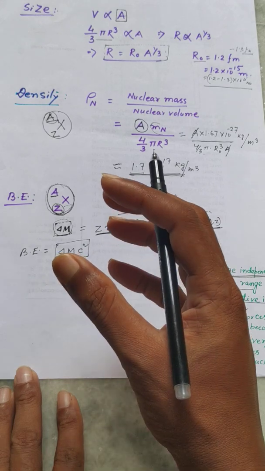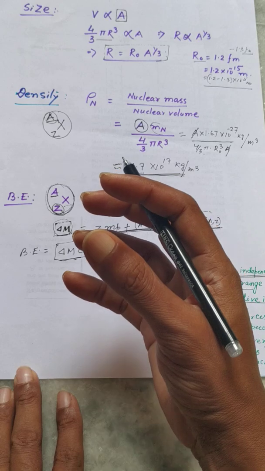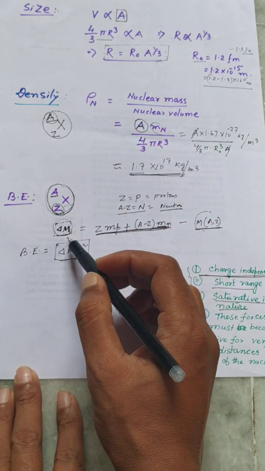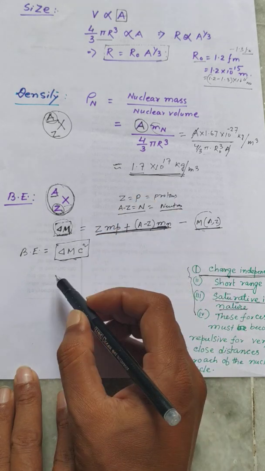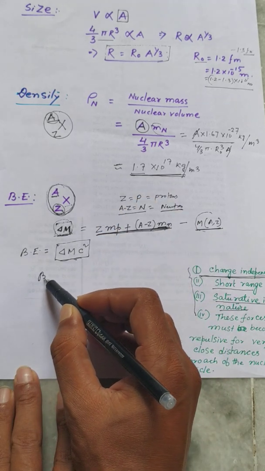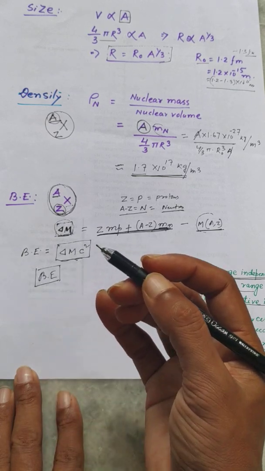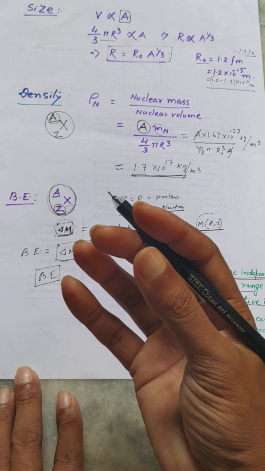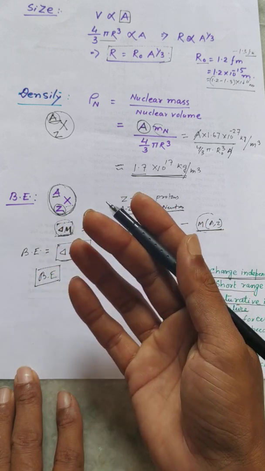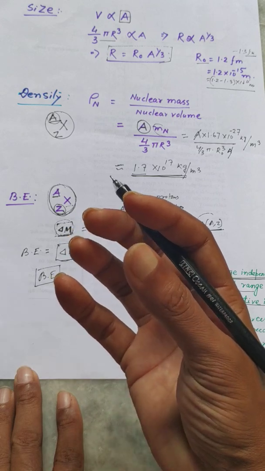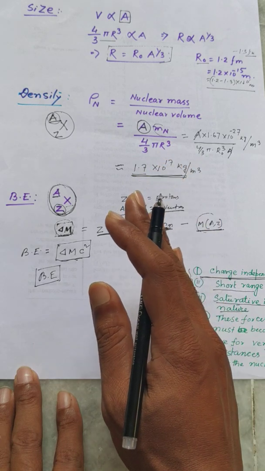So, to separate the constituent particles of the nucleus, this amount of energy must again be supplied to the nucleus, and this is called the binding energy. So what is binding energy? The binding energy is the minimum amount of energy that must be given to the nucleus to separate the constituent particles of the nucleus completely.